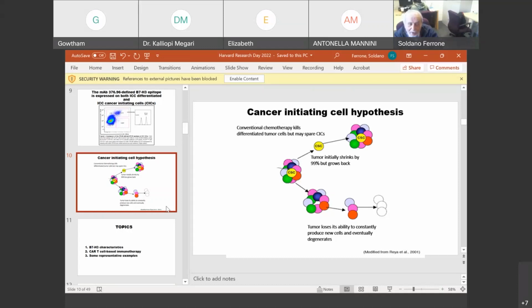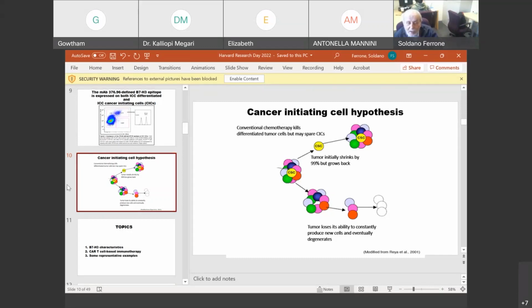And according to the cancer stem cell theory, most of the failures of conventional therapy is that the therapies may be very effective in eliminating the differentiated cells, but are not effective in eliminating the cancer-initiating cells.